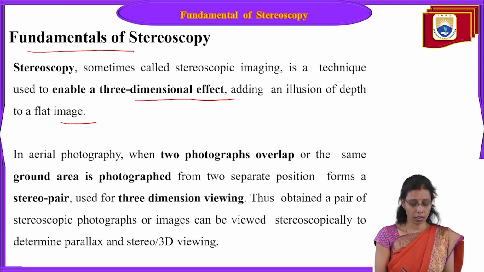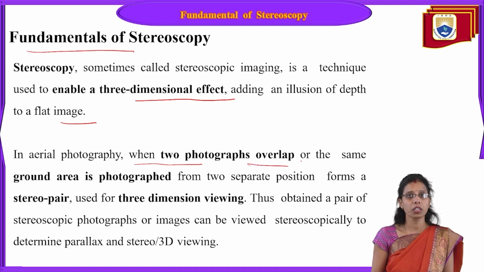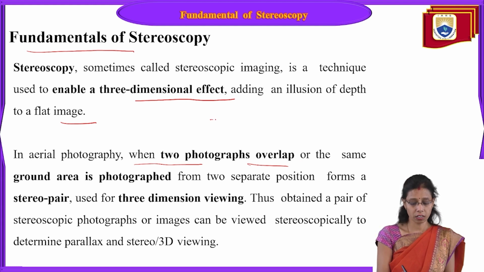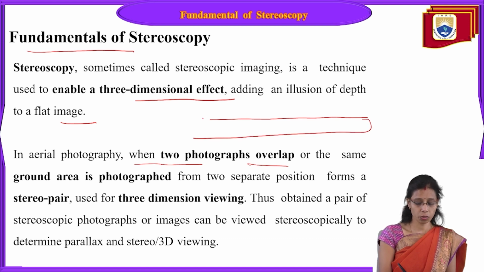So in aerial photography, when two photographs overlap, I hope we have discussed in the previous lecture what overlap is. Overlap is an area with the same flight line direction. Suppose this is the flight line direction. When it goes from this direction to here, like west to east or east to west, it keeps on clicking the photo.